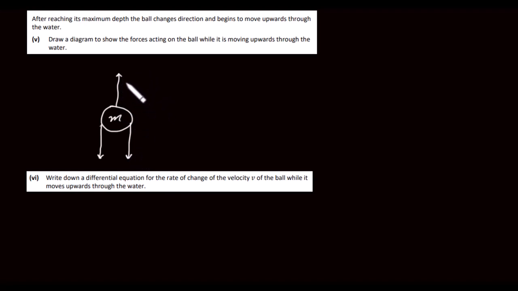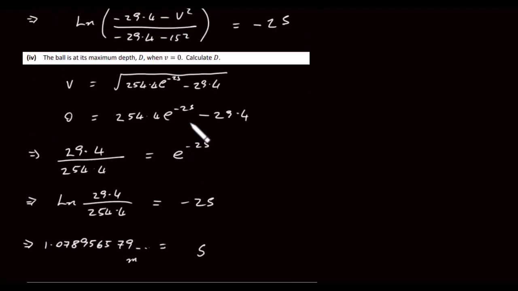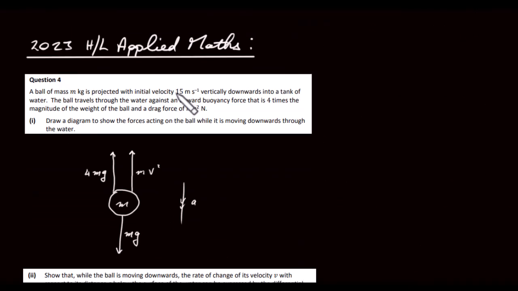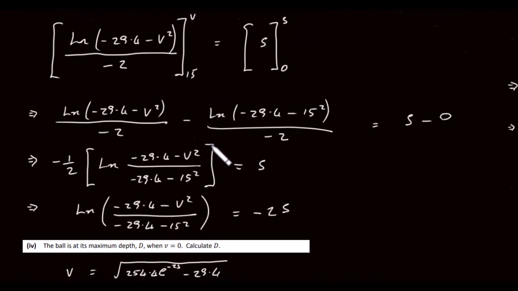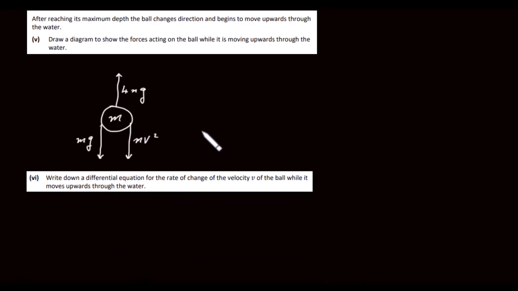The force acting upwards is the buoyancy, which is 4 times the weight. So it's 4 times mg. We still have our mg acting downwards, and we have this mv squared as well. That was, if you remember from the very beginning here, that was this here. It's called a drag force. Okay, so that's really it.